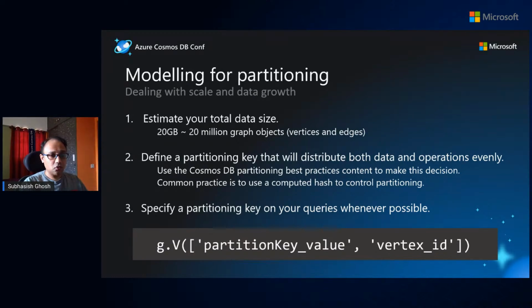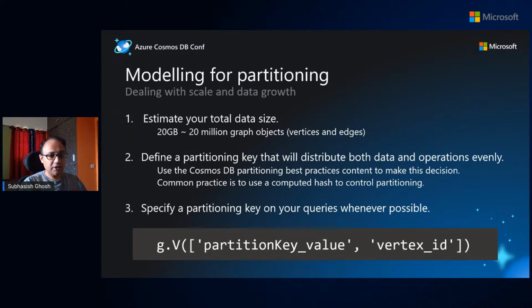Estimating total data size is very important, which we effectively did, because you can then test out your level of traversals effectively. Though in Cosmos every outgoing edge is co-located with the vertex for you, how you take care of this logical partition limit of 20 GB is something you should definitely take into consideration.